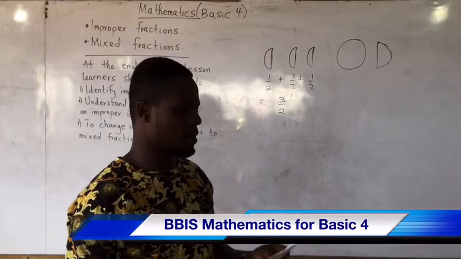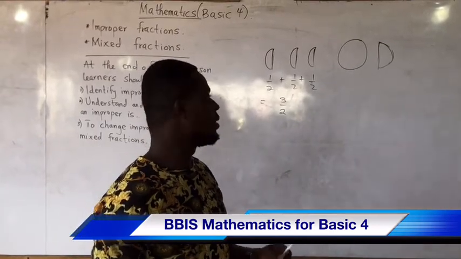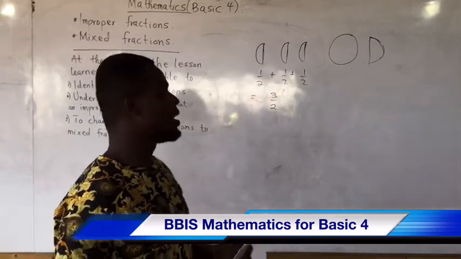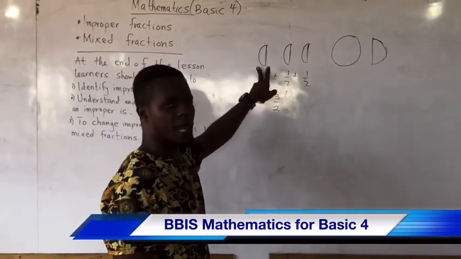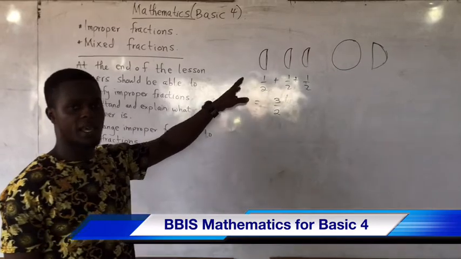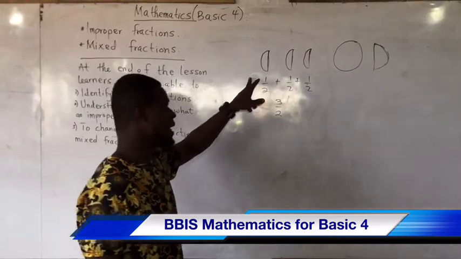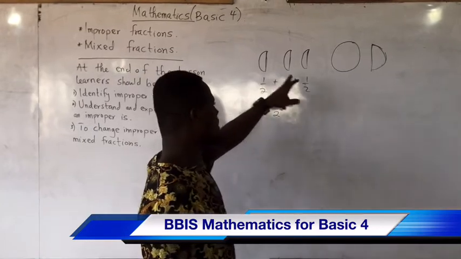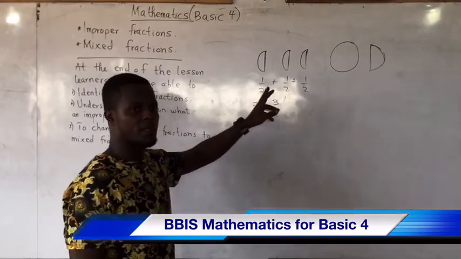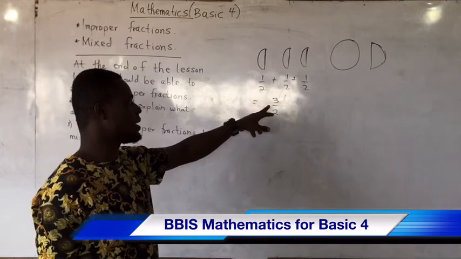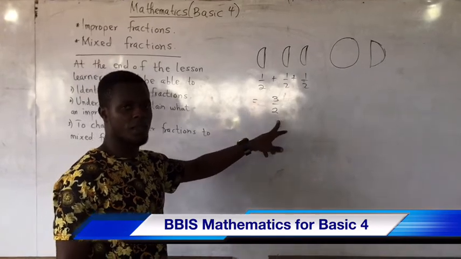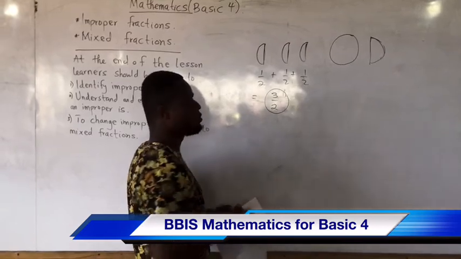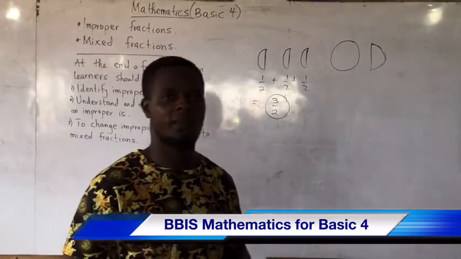Using the example I used previously, 3 friends going to buy pizza and each of them left half. If we add all the 3 halves, we are going to get what? 3 divided by 2. Now, we can change this improper fraction to a mixed fraction.